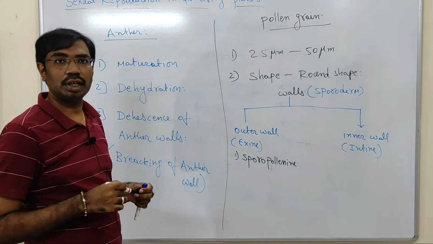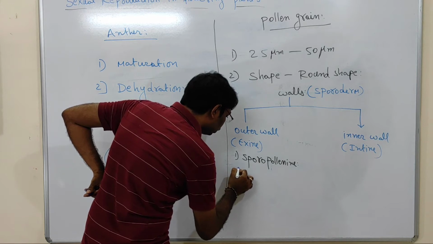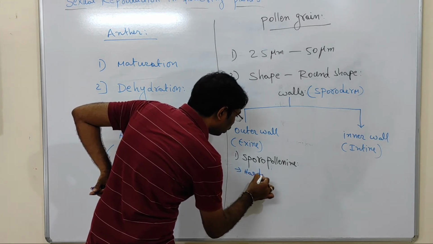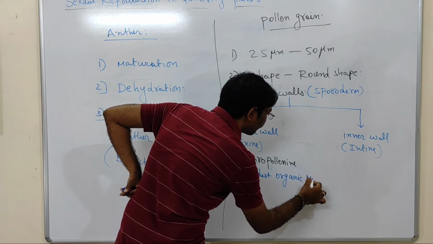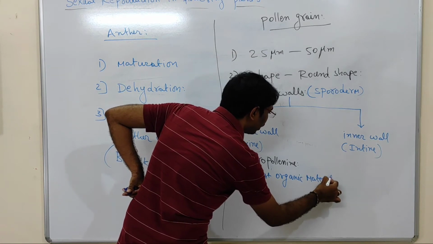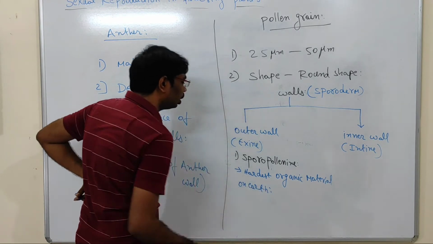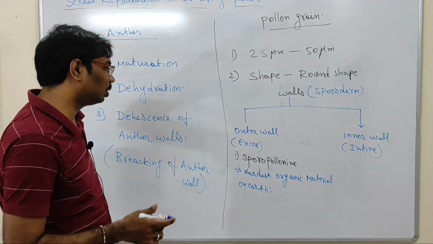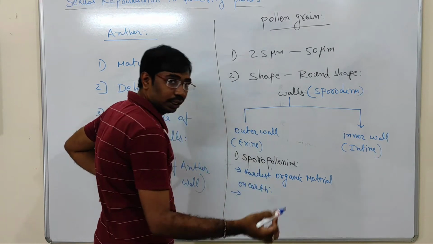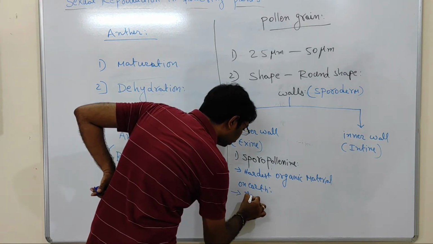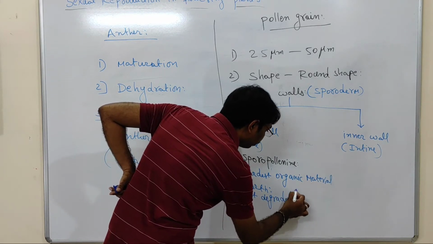Sporopollenin is the hardest organic material on earth. It is not degraded by enzymes.